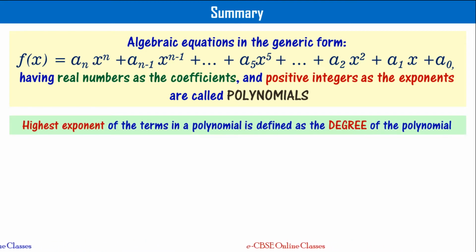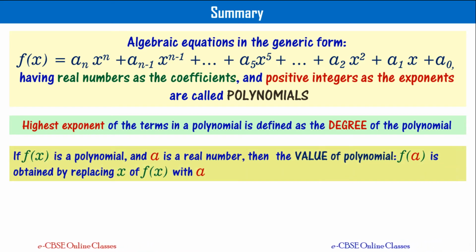We also said that the highest exponent of the terms in a polynomial is defined as the degree of the polynomial, right? If f of x is a polynomial and a is a real number, then the value of the polynomial is f of a, that is obtained by replacing x in f of x with a.